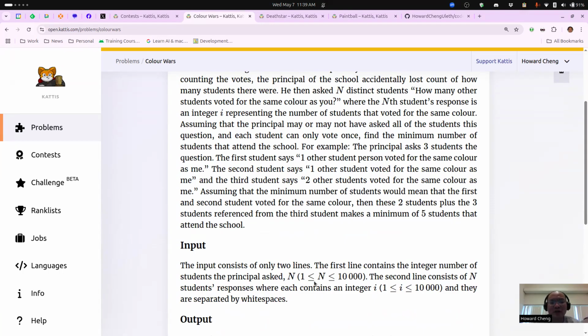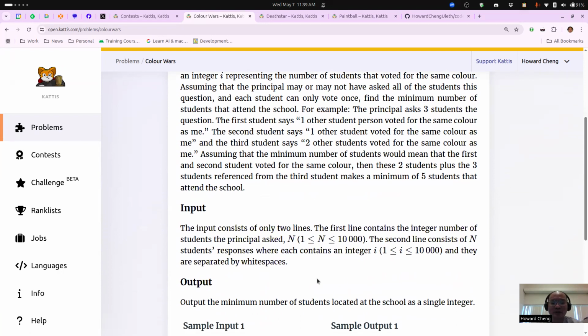And you're trying to figure out what is the minimum number of people that can lead to these observations. So they may not ask everybody in the group, in the whole school, but of the people that they ask, they will tell you, for each person, how many other people are in the same group as that person.